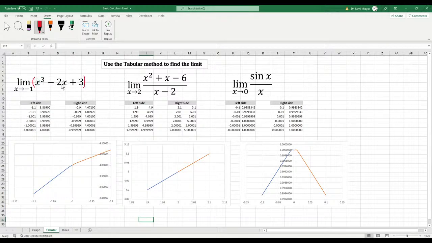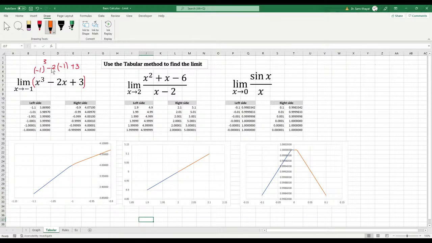Somebody might say I will just substitute in the value of x, and then I can find the value of y. Let's see. This is -1. -1 cubed minus 2 times -1 plus 3. Now we see this will give you -1.